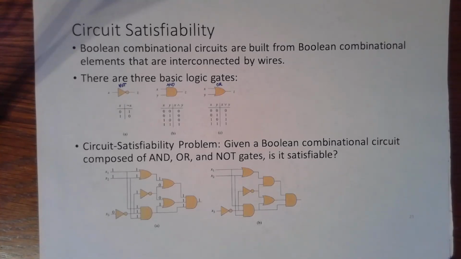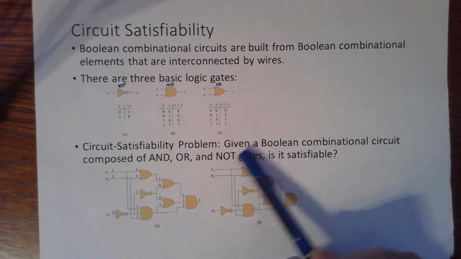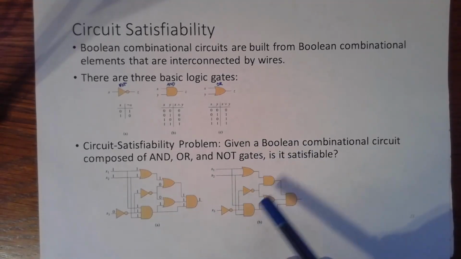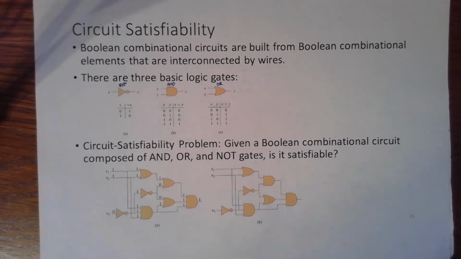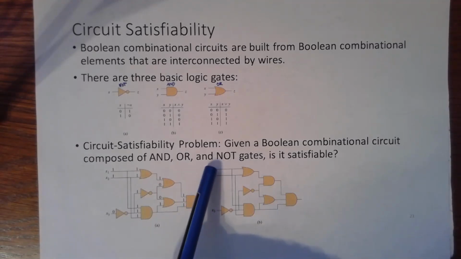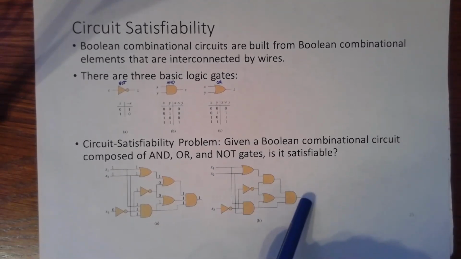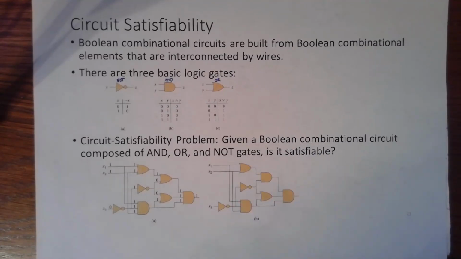So I can string these together in any kind of combination to build a Boolean combinational circuit. The circuit satisfiability problem is: if I have a Boolean circuit, visualized like this, with NOT gates, AND gates, and OR gates in it, is there a way for me to assign values to the inputs so that the output would be 1, or true? That's what satisfiable means.